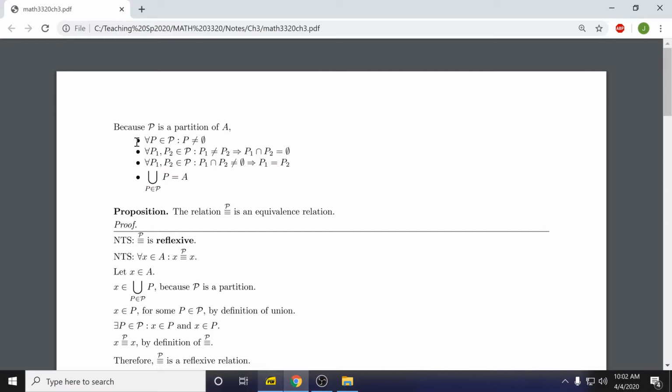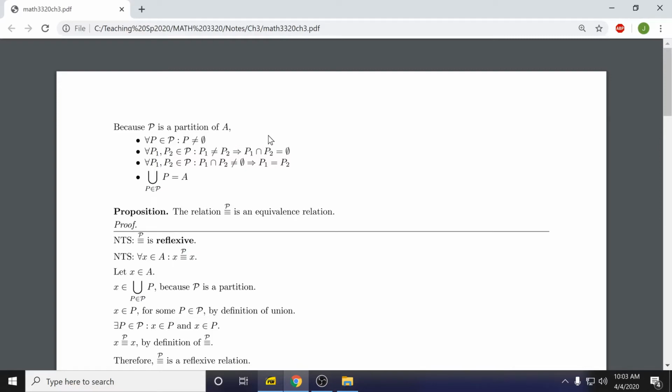So for every P in script P, P is non-empty. The second statement is a reminder that the elements of a partition are pairwise disjoint. So for every P1 and P2 in script P, if those are two different sets, they have to have an empty intersection. If we take two different elements of a partition, their intersection has to be empty because those elements are all pairwise disjoint.